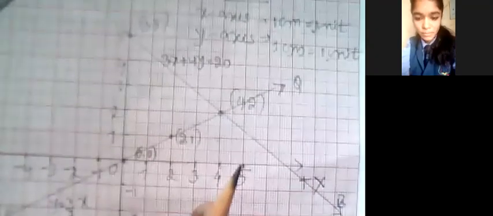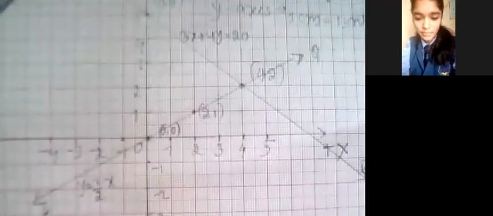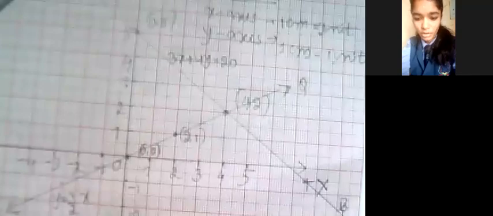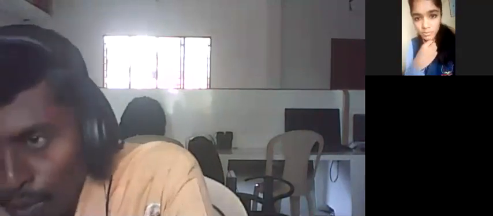Okay, this is the method how to plot a graph for a pair of linear equations in two variables. A linear equation in two variables gives only one straight line, but in this case you are getting two straight lines.